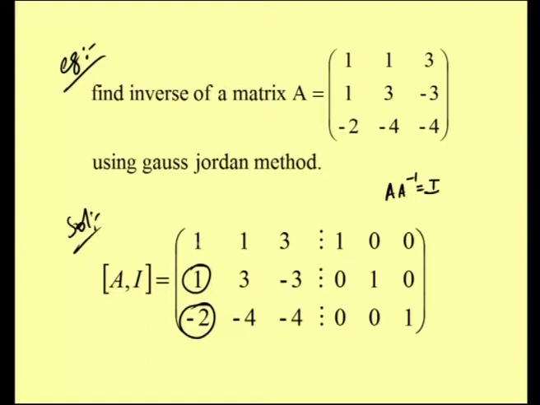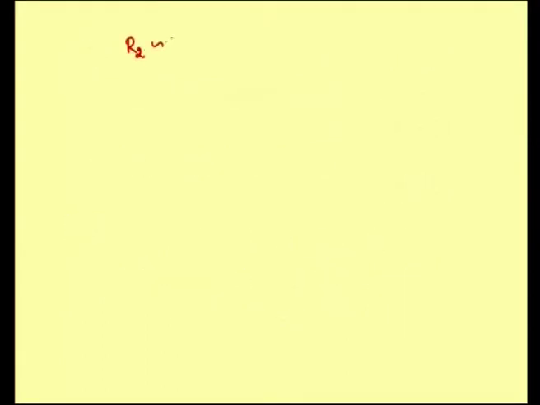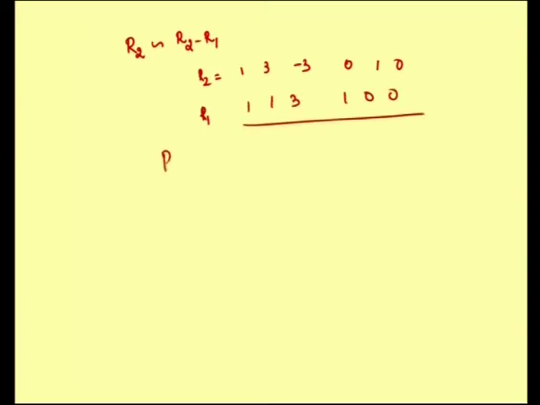What is happening when you do R2 equivalent to R2 minus R1? Literally write down row 2. Row 2 is 1 3 minus 3, 0 1 0, and row 1 is 1 1 3, 1 0 0. So R2 minus R1 is 0 2 minus 6, minus 1 1 0.